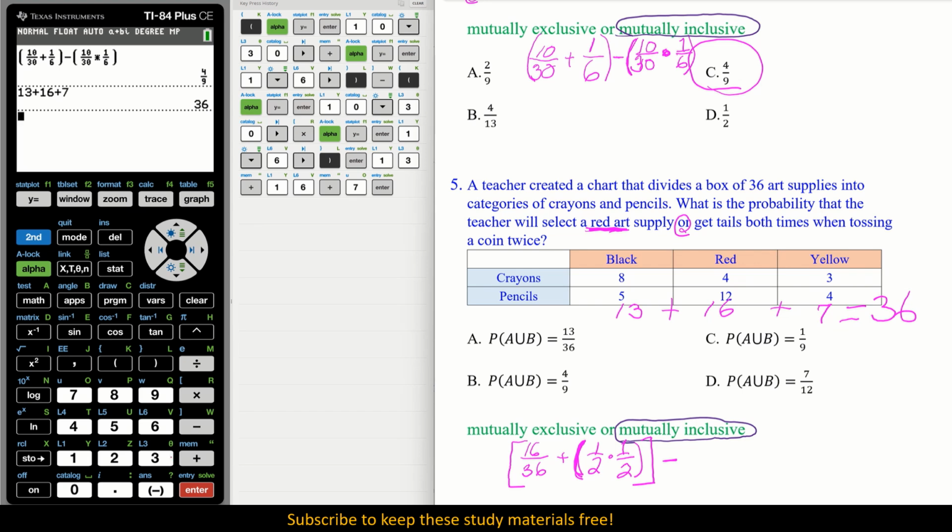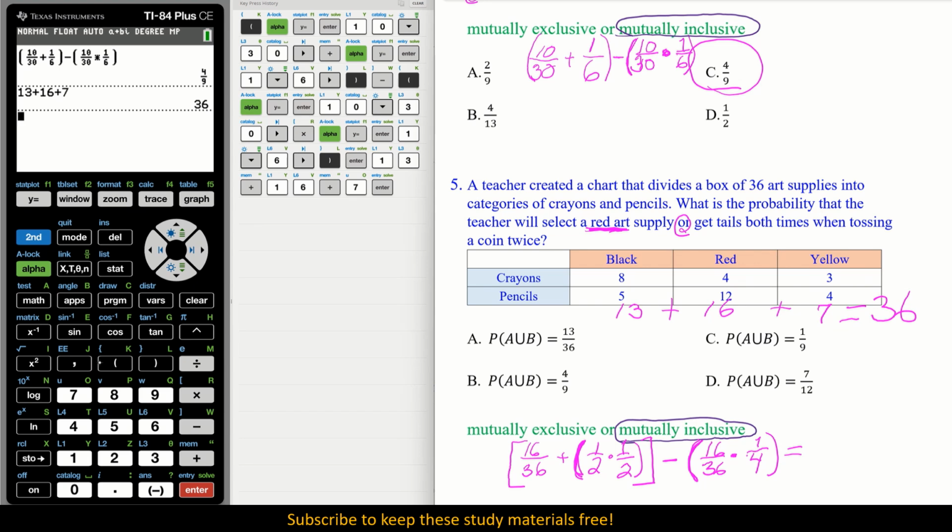Well, I'm going to go ahead and calculate the coin. So we'll have to multiply 16 over 36, okay, times 1 over 4, okay, and let's see what that equals, all right? Okay, so I'm not going to use the brackets. I'm just going to use parentheses, but I used them so I could write the whole process. Obviously, 1/2 times 1/2 is 1/4.